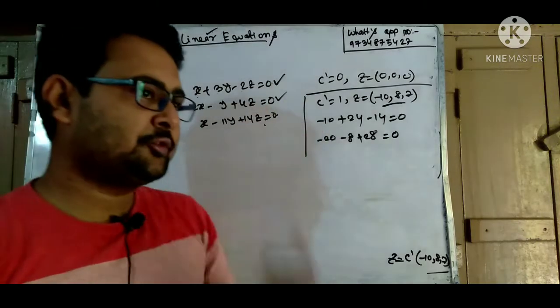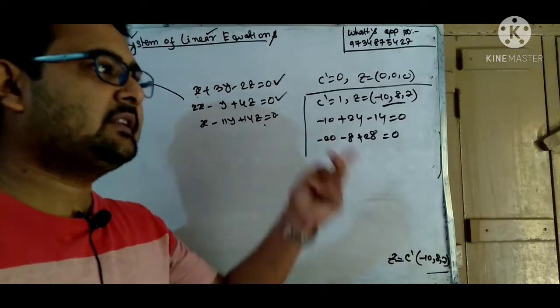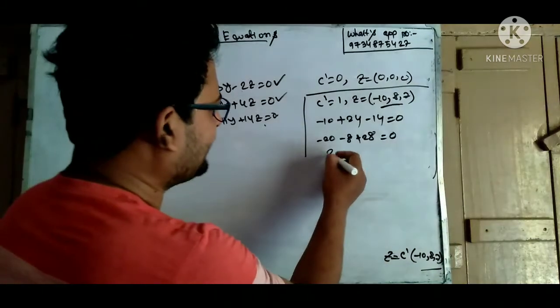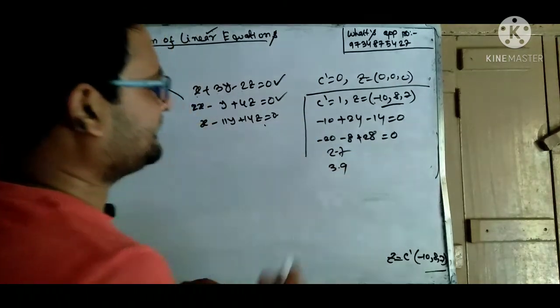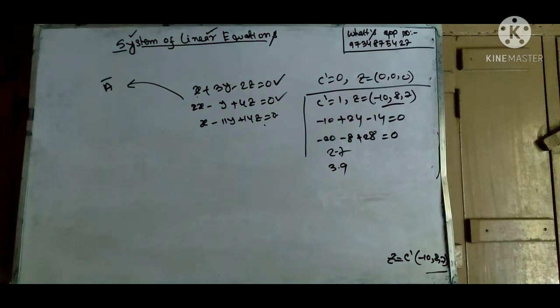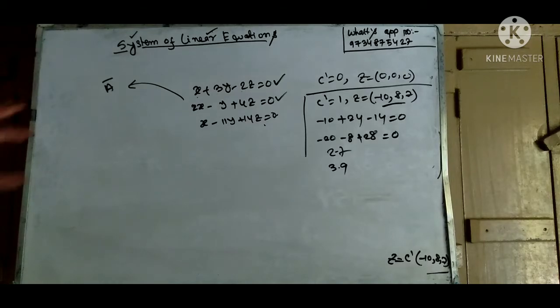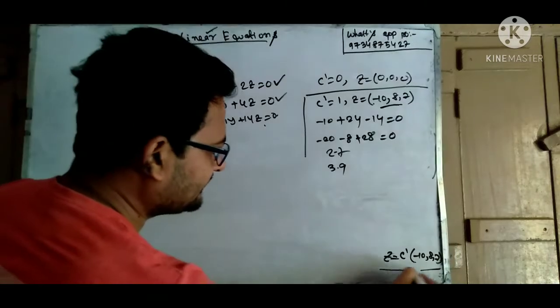If we take c dash equals 2, 3, or minus 1, minus 2, minus 3, or any other real value like 2.7, 3.9, all will be solutions of this system of linear equations. Clear?